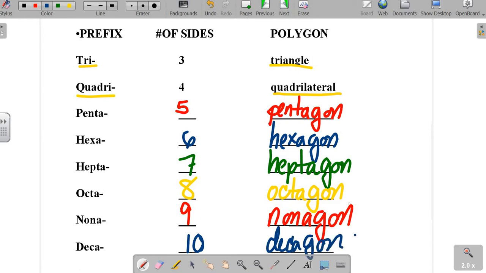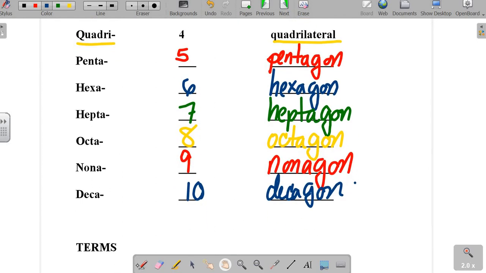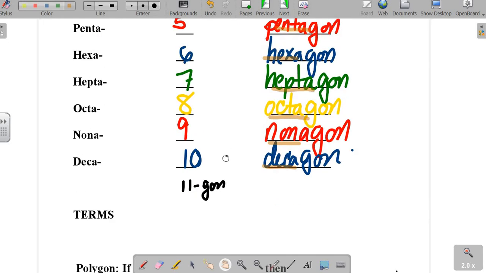So a 5-sided shape is a pentagon, 6 hexagon, 7 heptagon, 8 octagon, 9 nonagon, and 10 decagon. Above 10, there are scientific names for them, but more often than not, we just start saying 11-gon, 12-gon, etc. These must be memorized. These prefixes, at least through 10.